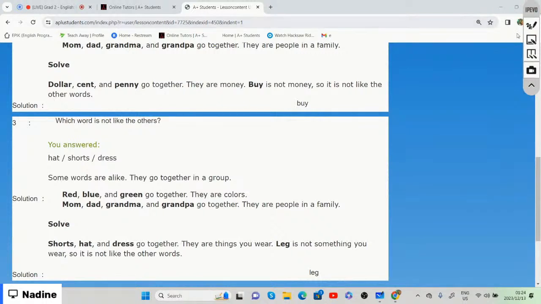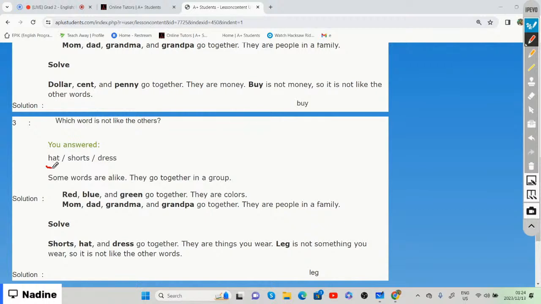And then before we go to our test, we have hats, shorts, and dress. So why are hats, shorts, and dress similar? So why do they go together? So when it comes to a hat, shorts, and dresses, right?